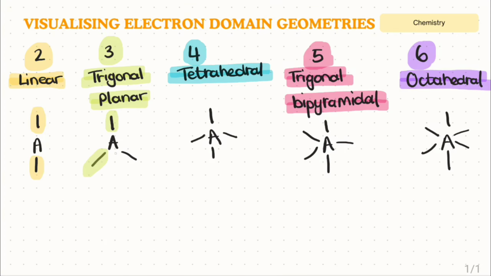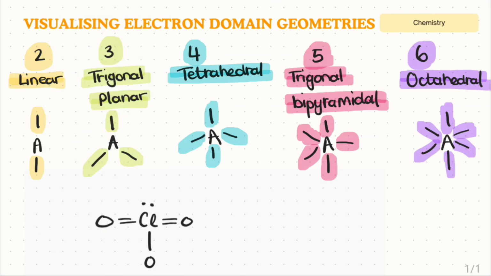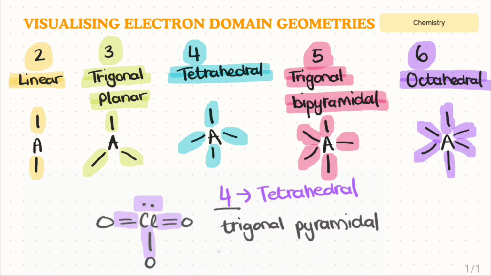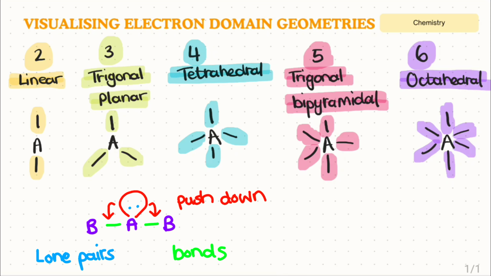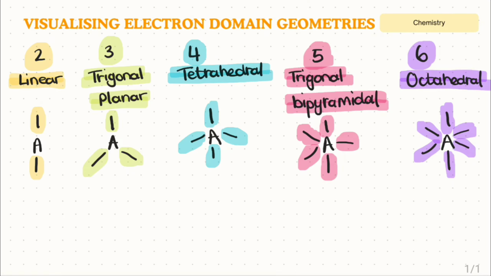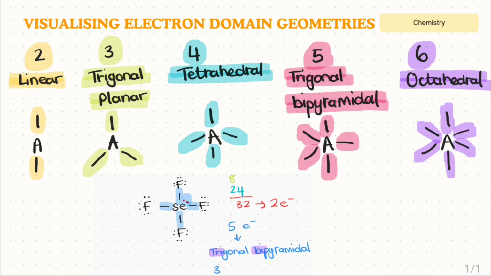So that's our electron domain. Now that we can visually see what each electron domain geometry looks like, we can use this to predict our molecular shapes, which becomes a lot easier once you understand what the electron domain geometry looks like, because then you're able to place in your bonds, your lone pairs, and all of that, and then deduce the shape from that.